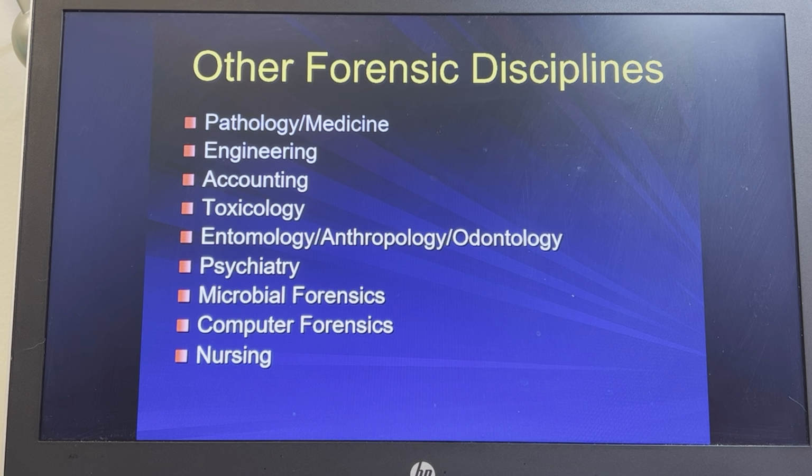So, is that one parent trying to plant that story in the child's head, or were they actually molested by a parent? So a forensic psychologist and psychiatrist can work with that child and interview them. And of course, they deal with inmates and people who are defendants to diagnose what their mental condition is. Is it a personality disorder? Is it some other type of mental illness? So that's typically what they do.